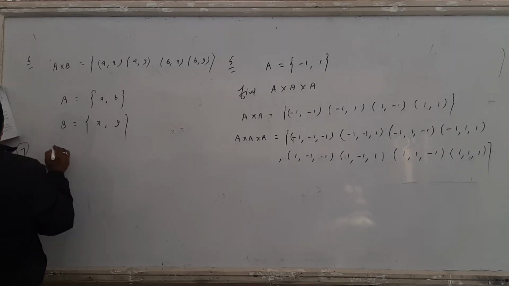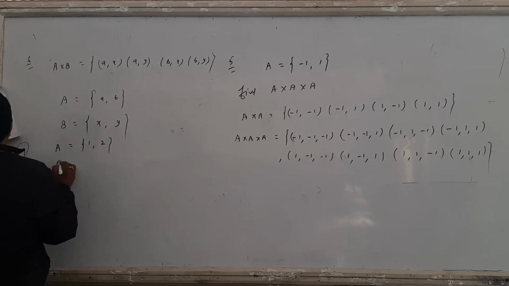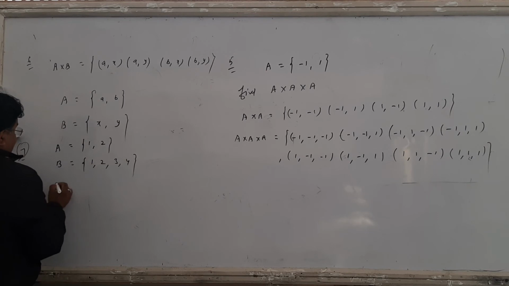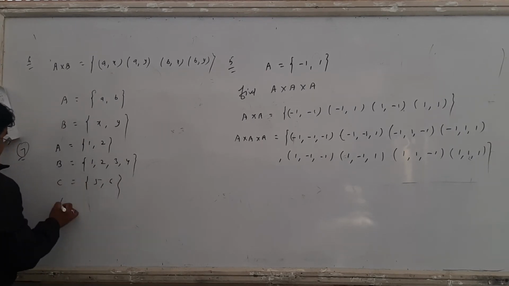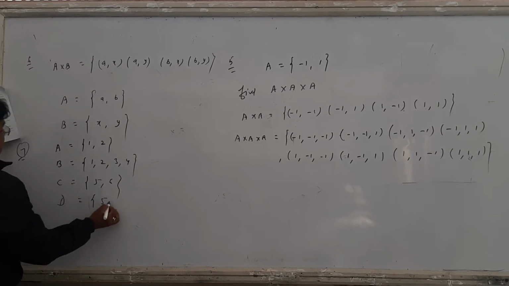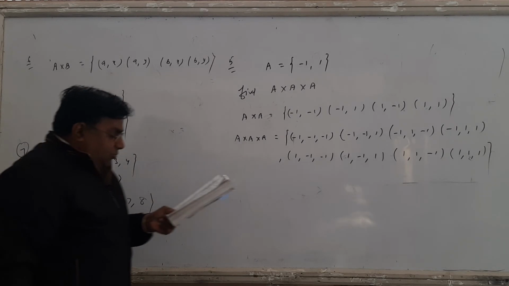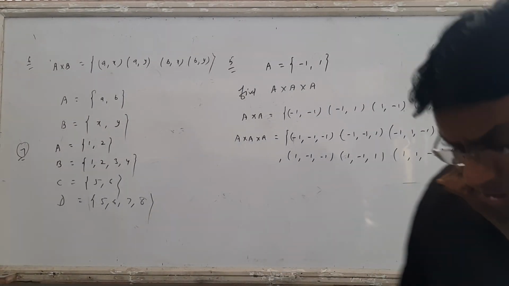Now question number 7. Set A is given as {1, 2}, set B is {1, 2, 3, 4}, set C is {5, 6}, and set D is {5, 6, 7, 8}. Look at my first question: find A cross (B intersection C).